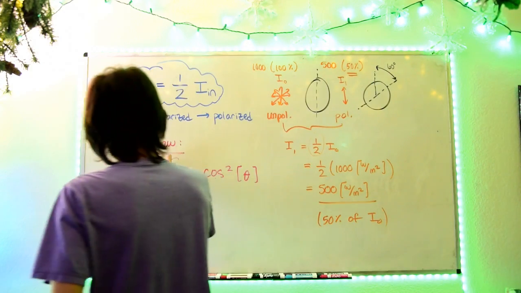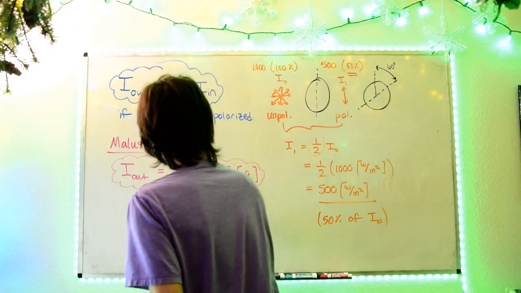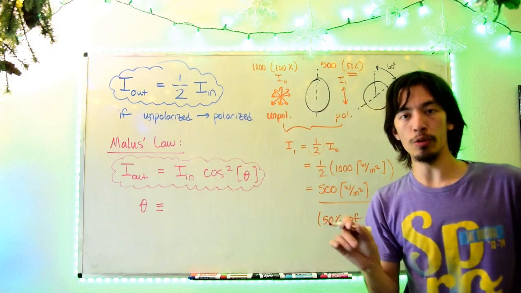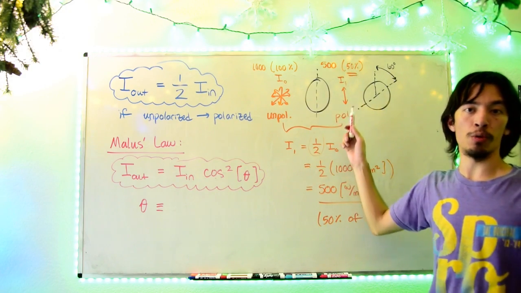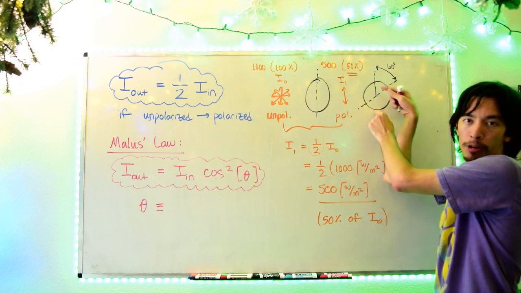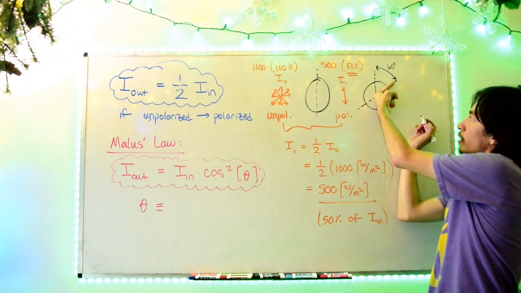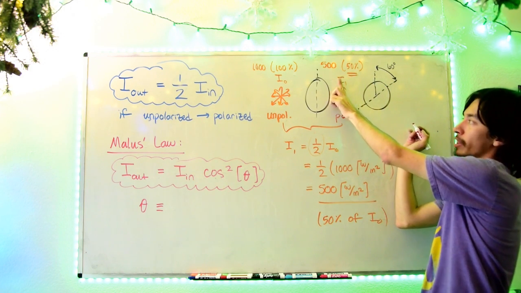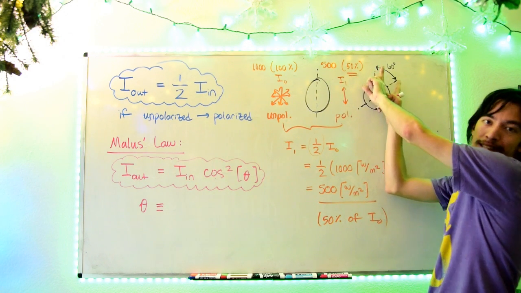So now the angle that you plug in, theta, is defined to be the angle between the orientation of the incoming light. So the incoming light to this polarizer is vertical. The angle that that transmission axis makes with this vertically polarized light, in this case, is 60.